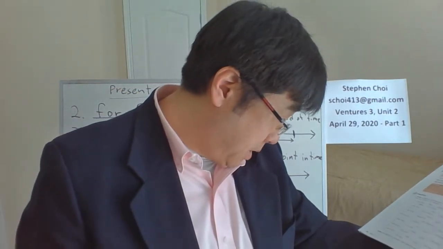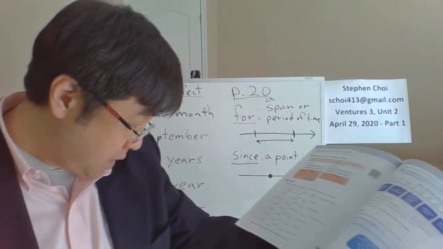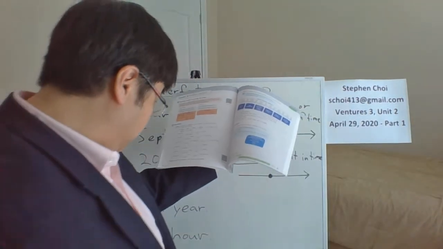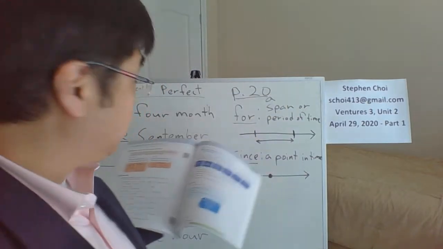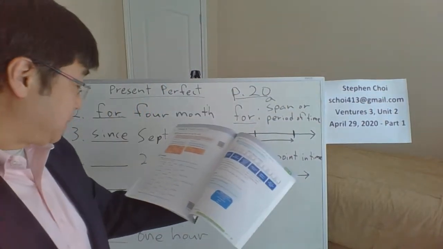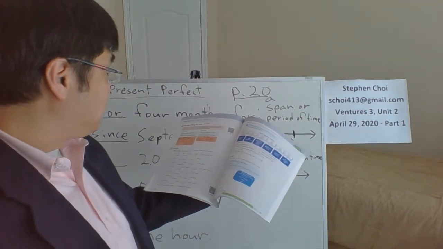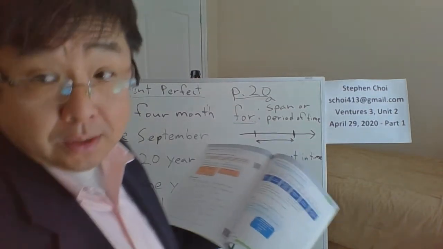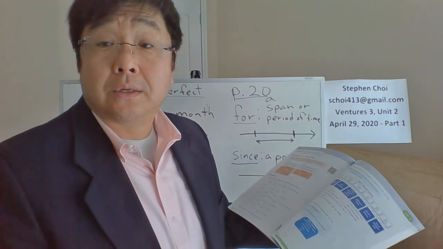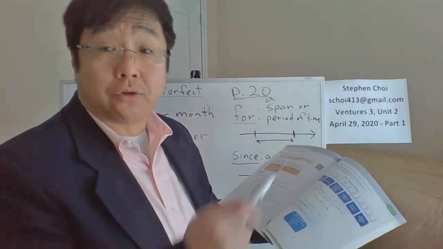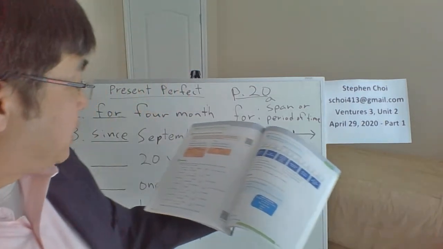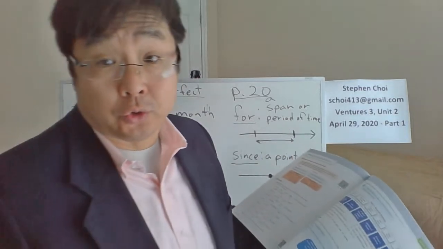All right, number 4. How long blank Mrs. Bateson blank at the adult school? The verb is teach, so again, third person singular. How long has Mrs. Bateson taught at the adult school?